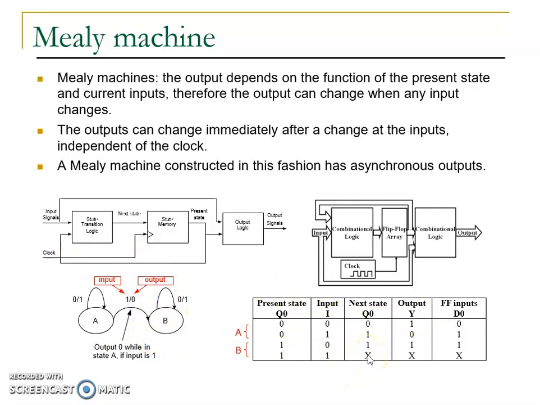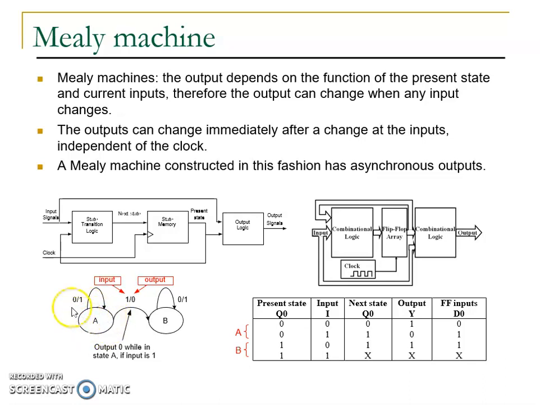You can see that the present state for Q node, 0, represents state A, and 1 represents state B. For present state A, they have two inputs, which are 0 and 1. For 0, the next state is 0, which is A, by referring to the state diagram previously.